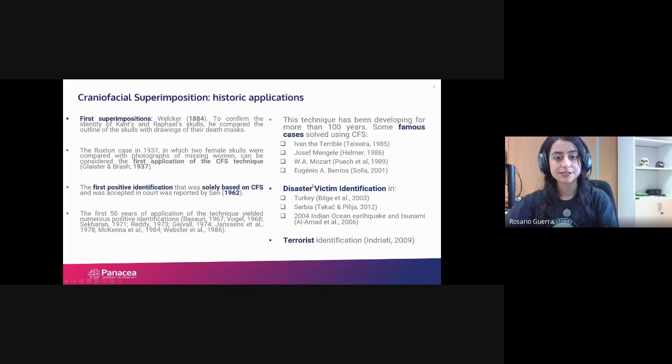I would just like to highlight that in 1962 was the first identification in which CFS was the only technique used for identification, and it was accepted in court. And since that time, and for well over 50 years, it has been extensively applied to many different scenarios, highlighting disaster victim identification and terrorist identification.